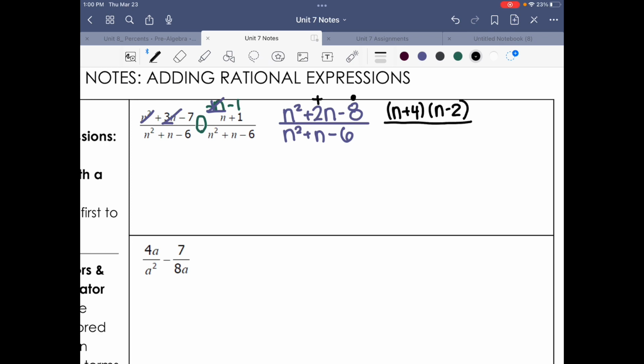On the denominator, I need two numbers that multiply to negative 6 and add to 1 in the middle, which is positive 3 and negative 2. And the whole point of doing that is there is an n minus 2 on the top and the bottom that cancel out. So your final answer is n plus 4 over n plus 3.